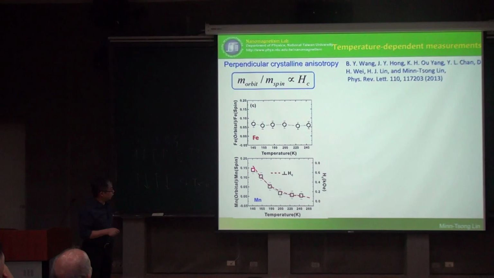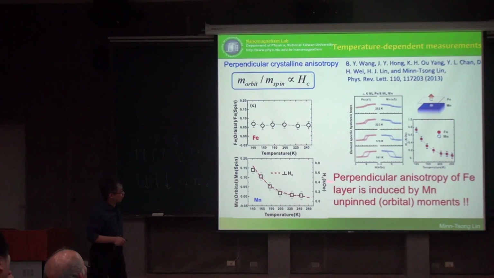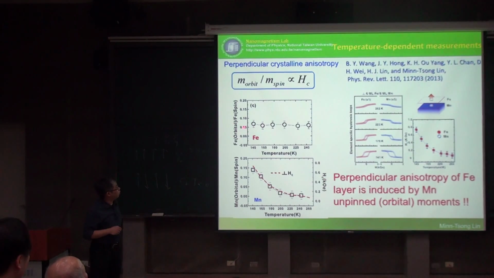If this one goes small, then basically the anisotropy of the whole system also goes small. However, the magnetic anisotropy term here, the orbital moment, remains the same. So this is also a very important result. The perpendicular anisotropy of the iron layer is basically induced by the unpinned orbital moment of the antiferromagnet, instead of the orbital moment of the iron film as in a normal system.